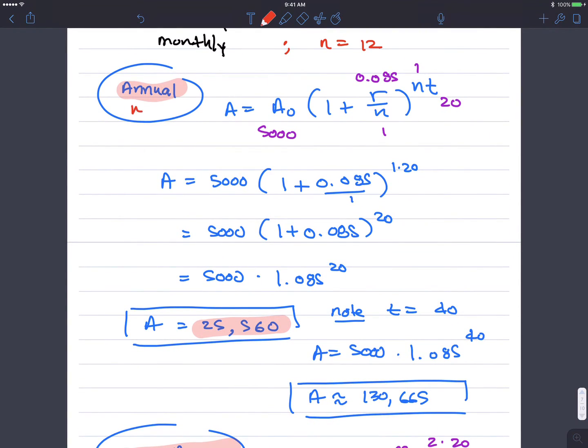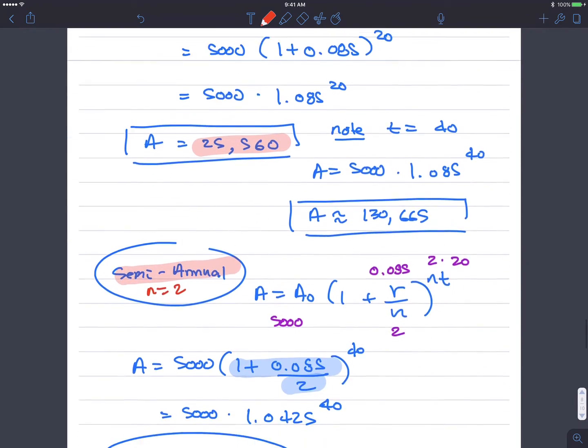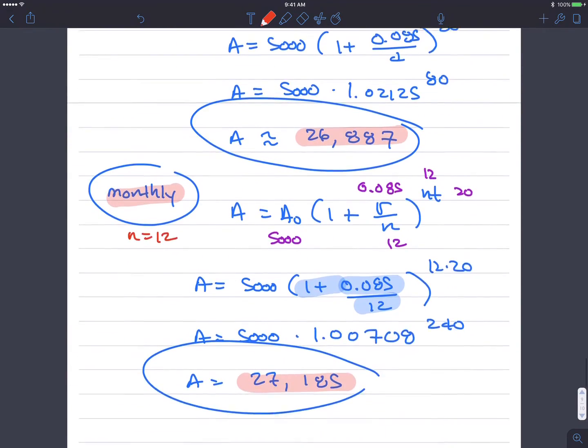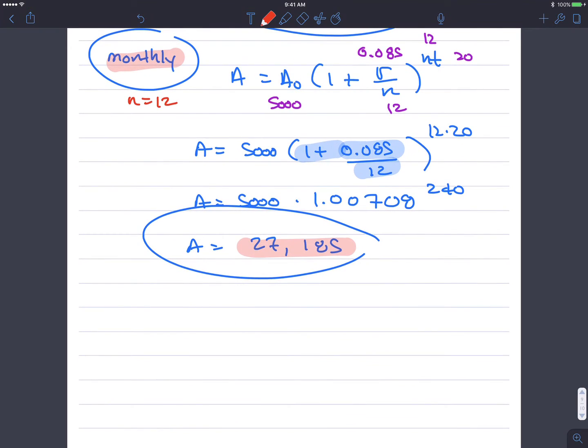What is N? N is 1. N is 2. N is 4. N is 12. Boy, what do you guys think about this? The more you get paid interest, the bigger the payment at the end. Is that true? The bigger the growth. Does that make sense? That's the idea.